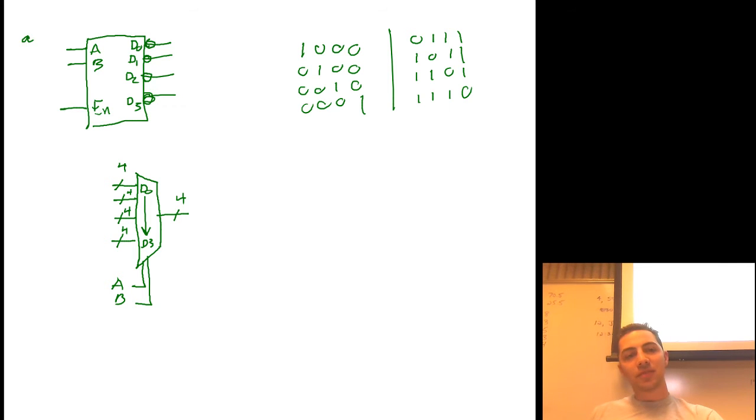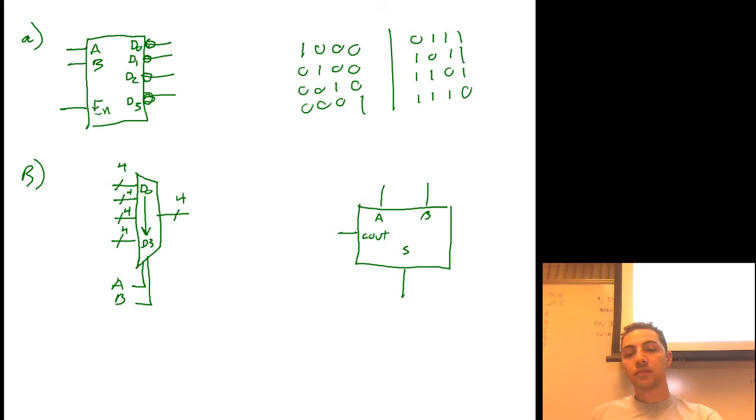All right. Part C, a 4-bit full adder. Well, a single bit full adder has a carry in, a carry out, a sum bit, and an A and a B bit.